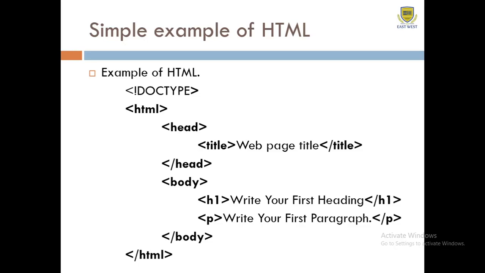If I go for h2, it gets reduced, then h3 more reduced, and h4 keeps getting reduced as we move towards h6. Next tag is the p tag. Any content included within the p tag is called a paragraph.